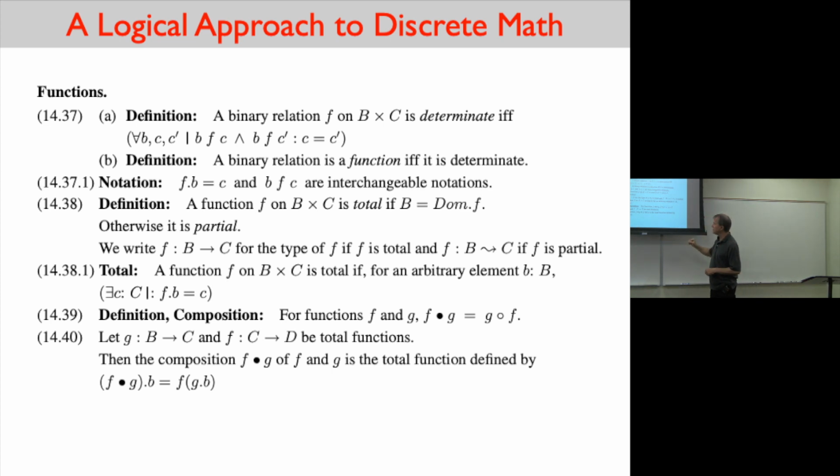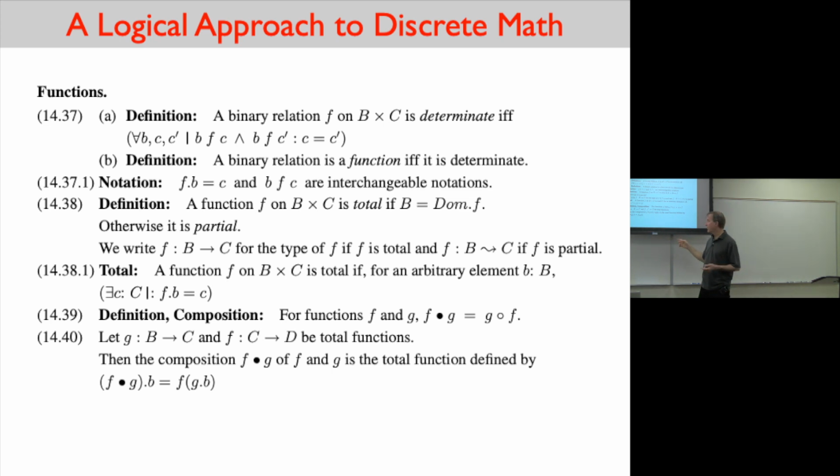Here it is, 14.38: a function f on b cross c is total if b equals the domain of f. So that's 14.38, a definition. Do we prove 14.38, yes or no? Obviously not, because it's a definition.